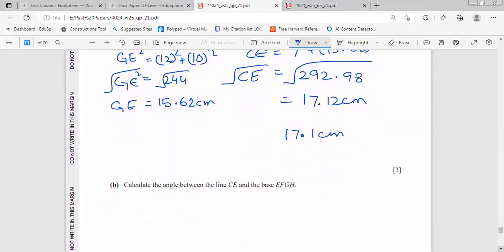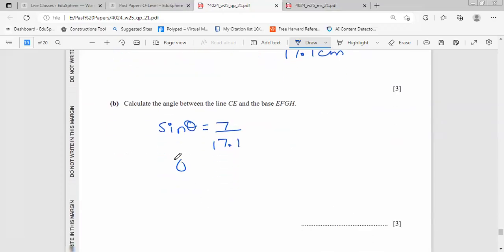So I will be using sine theta. So sine theta is equal to perpendicular over hypotenuse, which is 7 by 17.1. And I will be taking theta as sine inverse of 7 by 17.1.